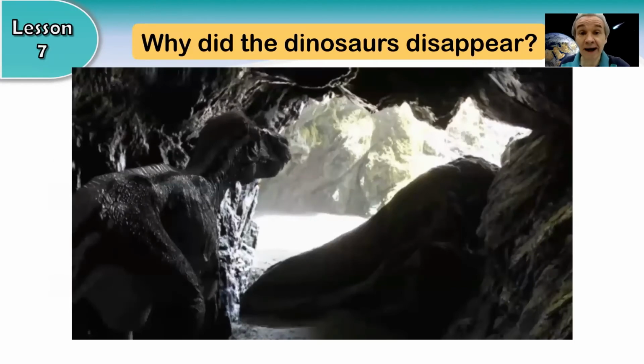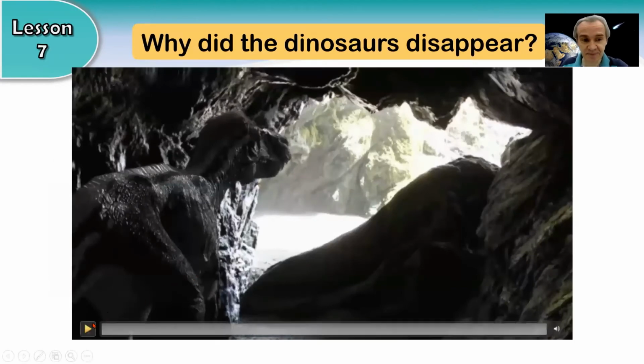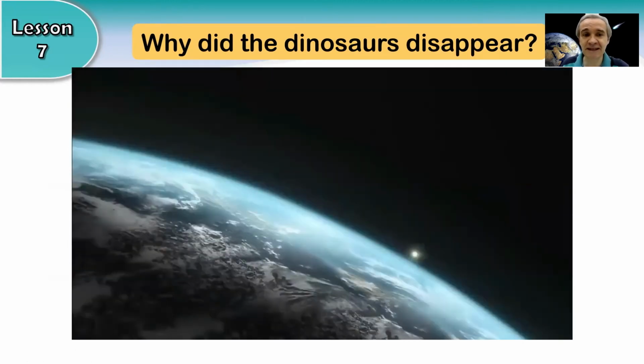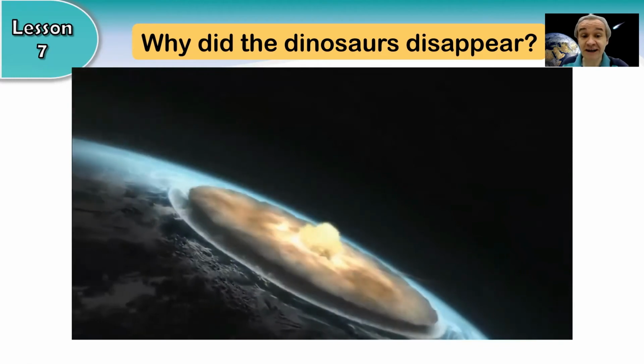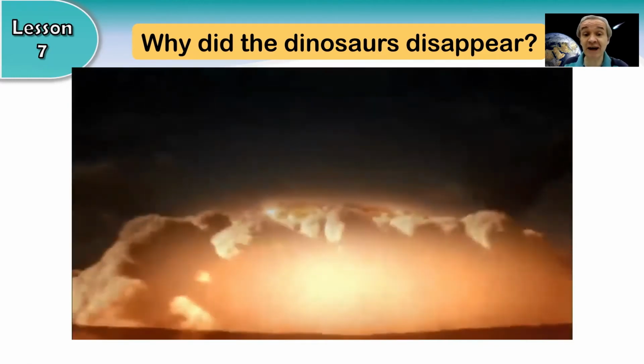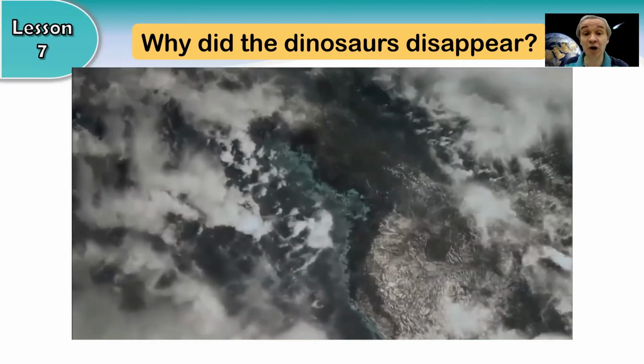Now, why did the dinosaurs disappear? Let's find out. As you can see, this big rock, an asteroid, fell to Earth 65 million years ago.